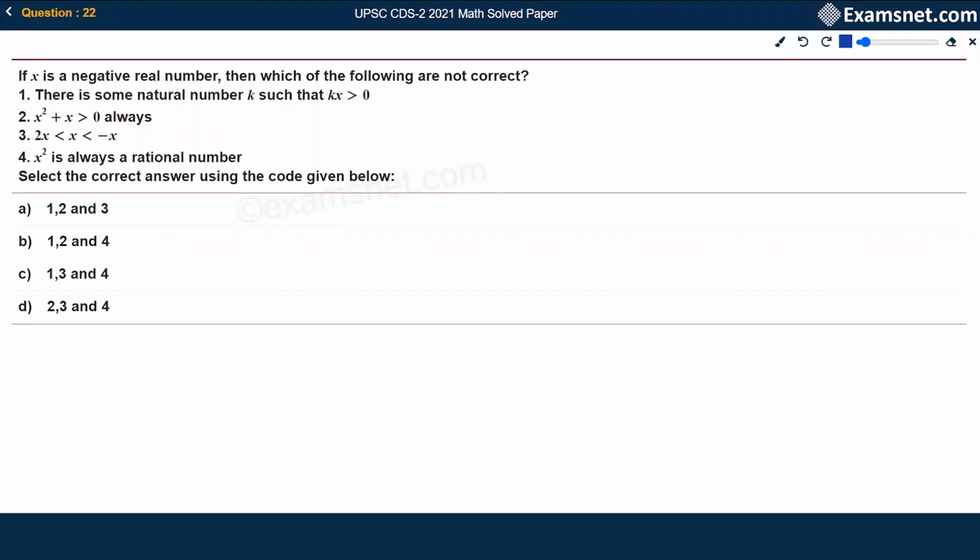In question number 22, it is given that if x is a negative real number, then which of the following are not correct? There are 4 sentences given to you. There is some natural number k such that kx greater than 0. So let's start with this statement. It's given that x is a negative number, right?